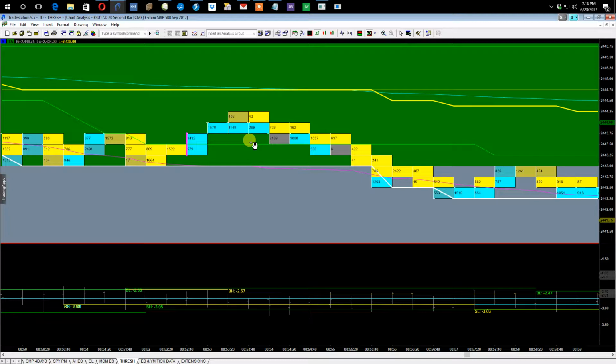Now that's not a lot, but the idea would be to set up the limit order at least 1 tick below the high here.